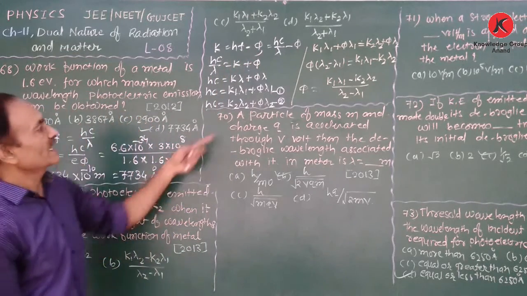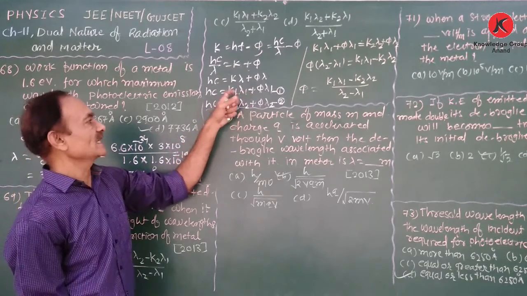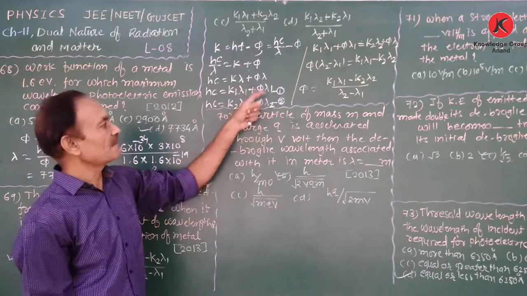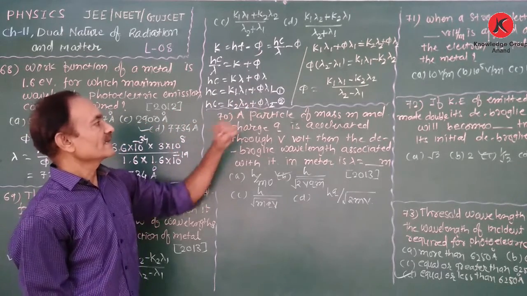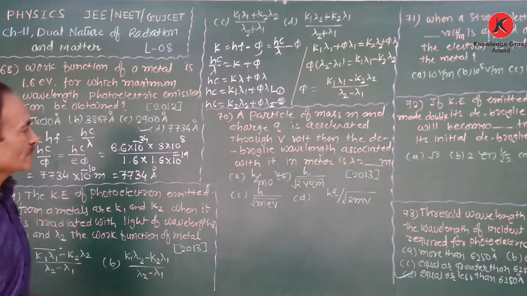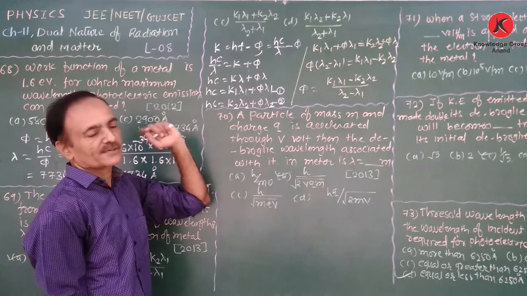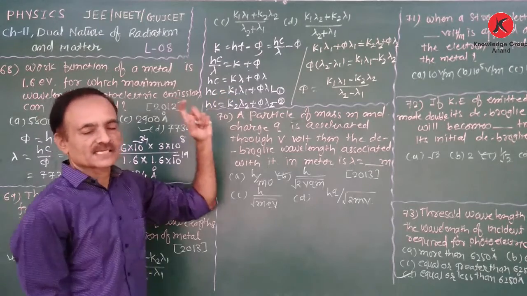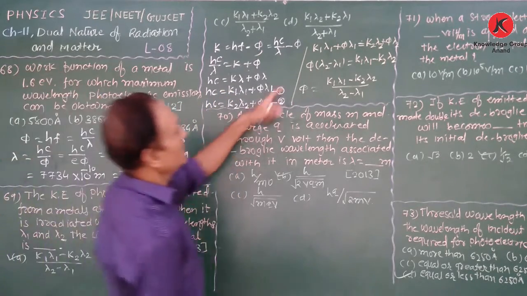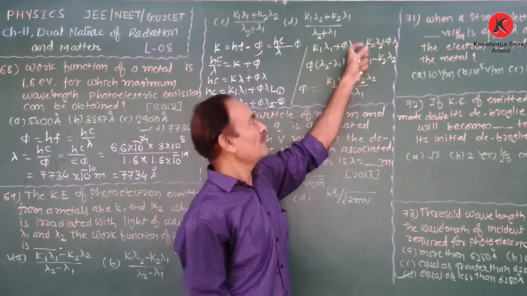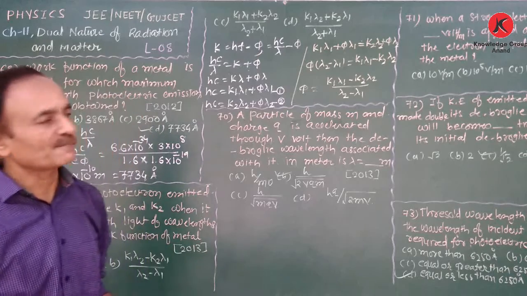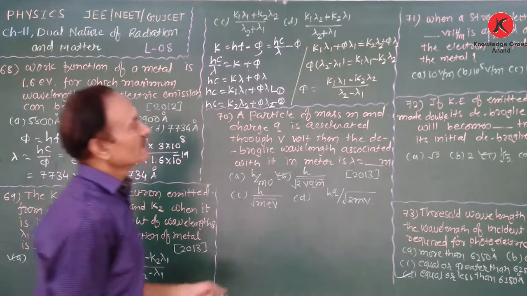For the first case, light of lambda 1 is incident, kinetic energy is K1. Therefore, hc is equal to K1 lambda 1 plus phi lambda 1, equation number 1. And then hc is equal to K2 lambda 2 plus phi lambda 2, equation 2. The left hand sides of equations 1 and 2 are the same. Comparing equations 1 and 2, K1 lambda 1 plus phi lambda 1 is equal to K2 lambda 2 plus phi lambda 2.